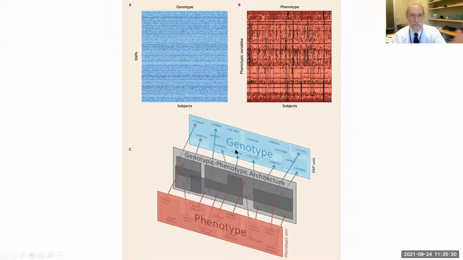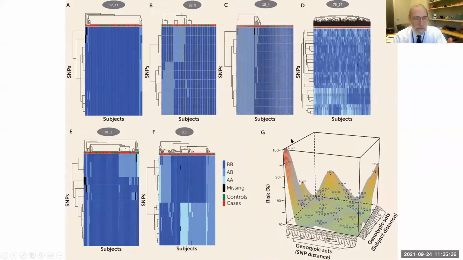And then we crossed them, using the hypergeometric relationship between the two, to identify those groups that shared simultaneously genetic variations and clinical symptoms. These are examples of those clusters for the SNPs. For the genetic variations, you have individuals that share a relatively large number of homogeneous variations, whereas you have others that are much more heterogeneous.